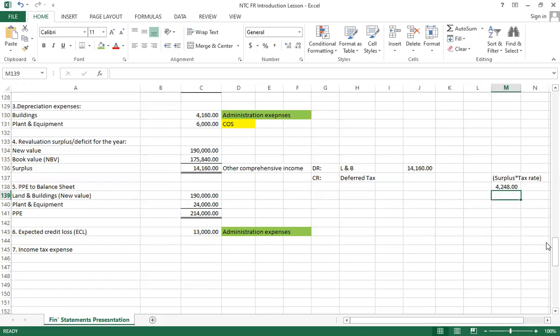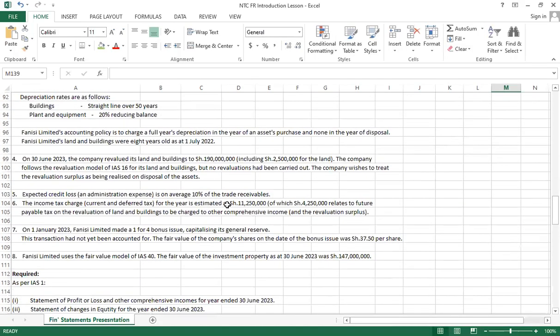But look at what the question talks about in that note, note number 6 once again. In this bracket, we are told that of this 11,250, 4,250 relates to the future payable tax on the revaluation of the land and building.